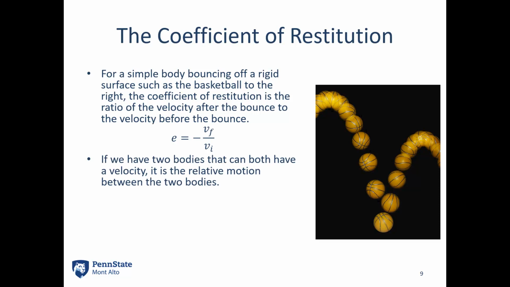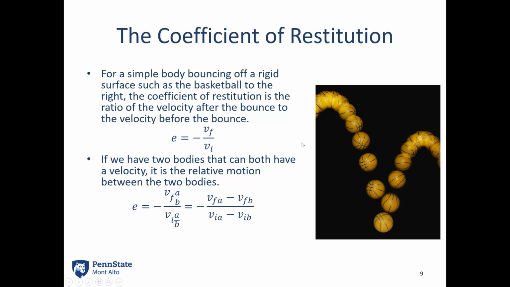When we have two bodies, both of them have velocity, so it's not just bouncing off a surface. We've got one particle bouncing off another. It's going to be about the relative motion between those two bodies. So the v final, A with respect to B, and v initial, A with respect to B. Those relative pieces are going to be v final A minus v final B, and v initial A minus v initial B. So this is where our equation comes down.